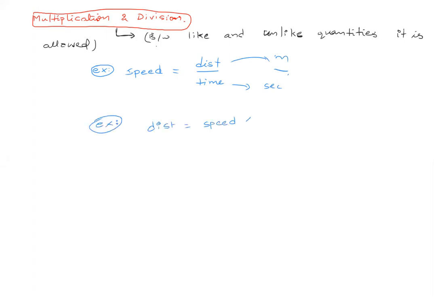Reverse if you are doing it, speed unit is meters per second and time unit is seconds. There is no big issue here. Between left hand side and right hand side of course the unit will be the same, but I want you to understand that multiplication and division are also possible between like and unlike quantities.